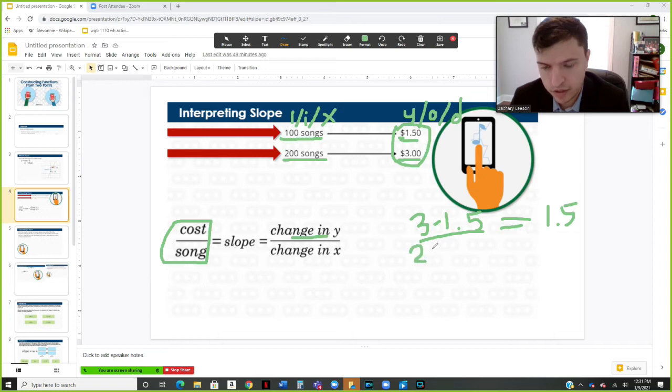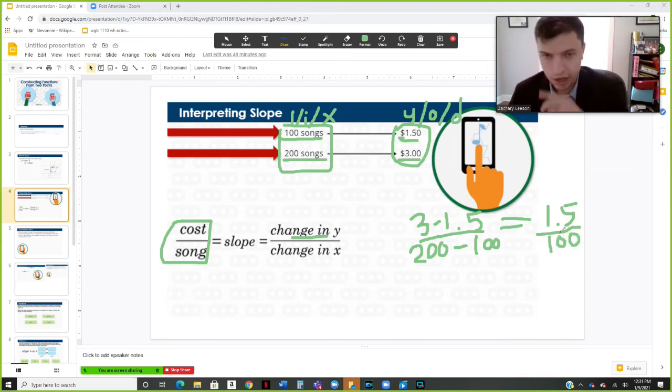That's my X sub 2 that goes with that X sub 1 there. So I've got 200, and then I'm going to subtract to find how X changed. And it changed by, it looks like, 100. So I got a change of $1.50 between those 100 additional downloads, between 100 and 200 there.